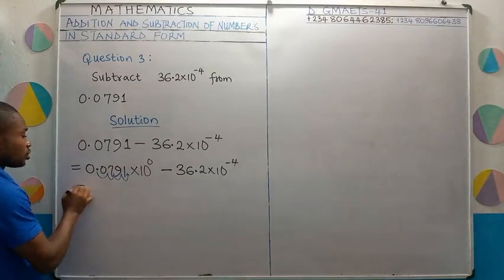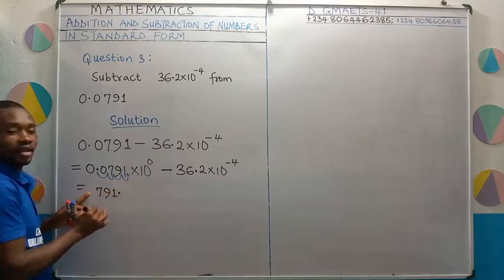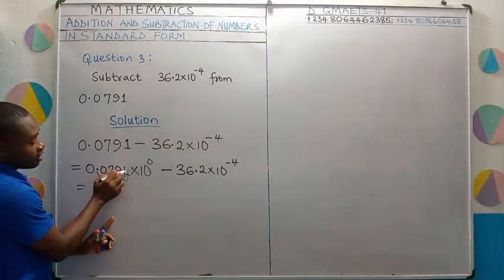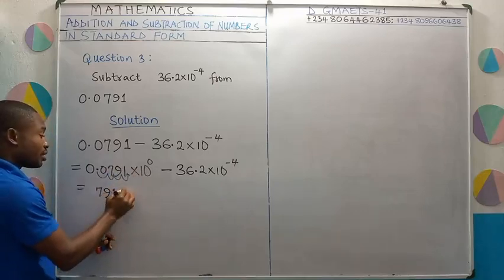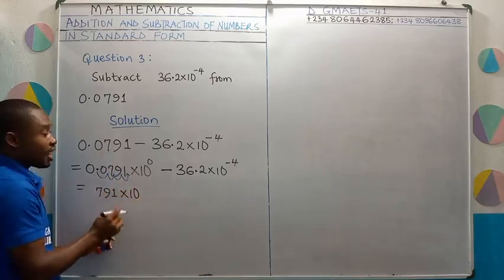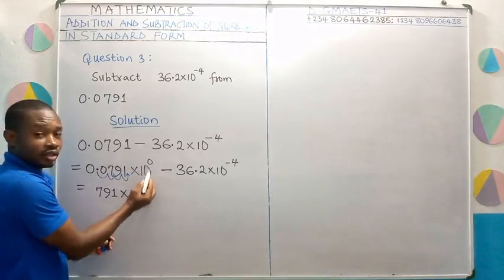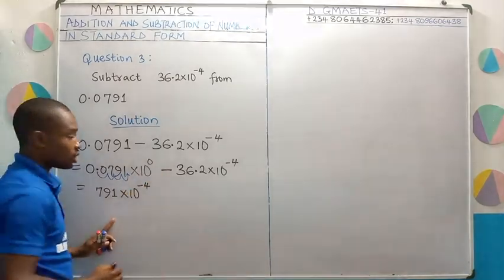This is going to be equal to 791 and then point. Now this is where the point would be. But no need of putting the point because after this there is no number here again, no digits. So I will simply write times 10 raised to the power. As I move the point, I will subtract 4 from here, you know that. So that becomes 0 minus 4, giving us minus 4.